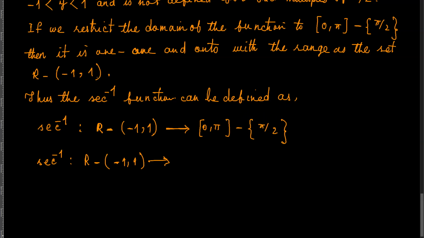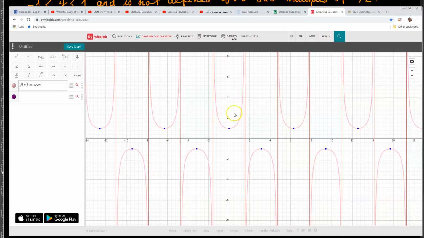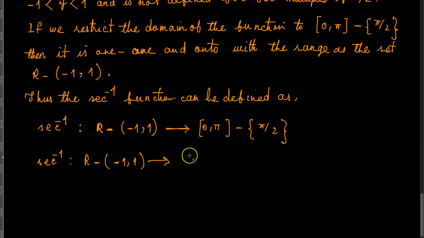Just as we have chosen 0 to pi, you can choose, for example, pi to 2 pi and take 3 pi by 2 out, right?